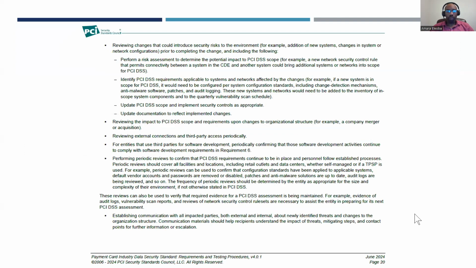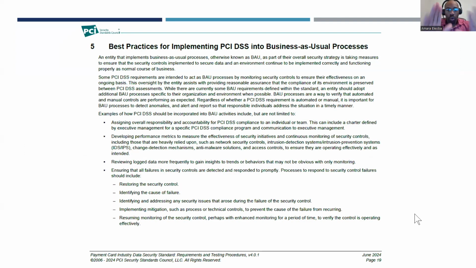Now, I won't go over this because it's a lot, but if you get the opportunity, just go to page 9 of this documentation and you will see that. I'll just give an example. One example here is that as business as usual, we call it BAU activities, you want to make sure that the overall responsibilities and accountability for PCI DSS to a team or to an individual is stated or identified.